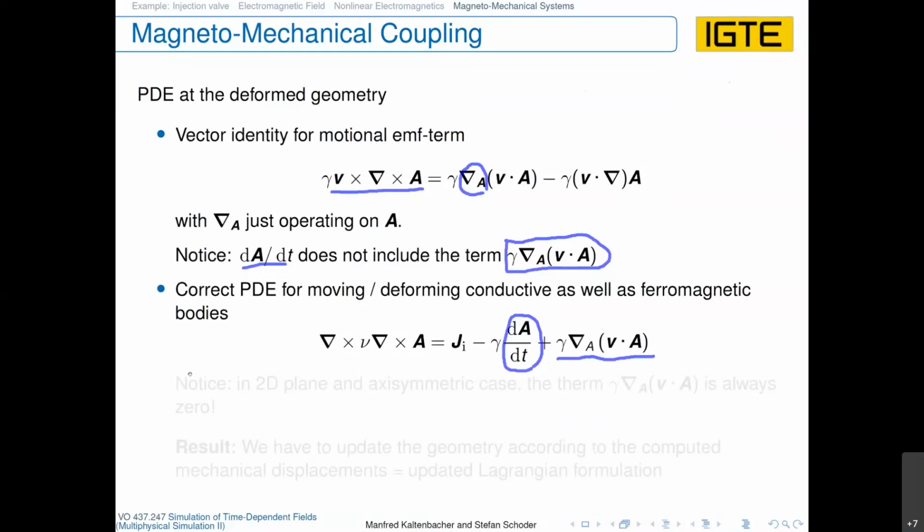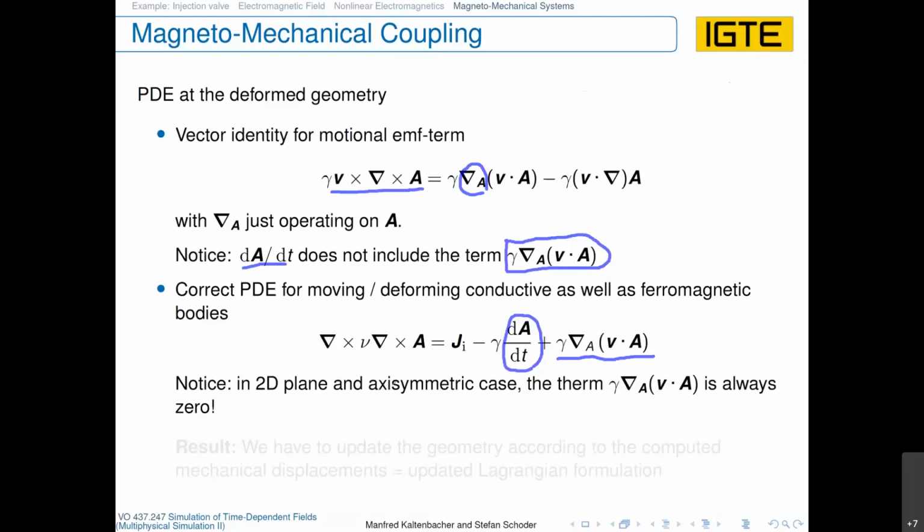We never have any problems in 2D, in the plane or axisymmetric case, because, let's say you compute in the xy plane, then the magnetic vector potential has just a z component, so it is pointing into the plane. And the velocity v clearly will be the velocity you have within the plane where any elastic bodies deform or any solid bodies move. So the dot product will always be zero.